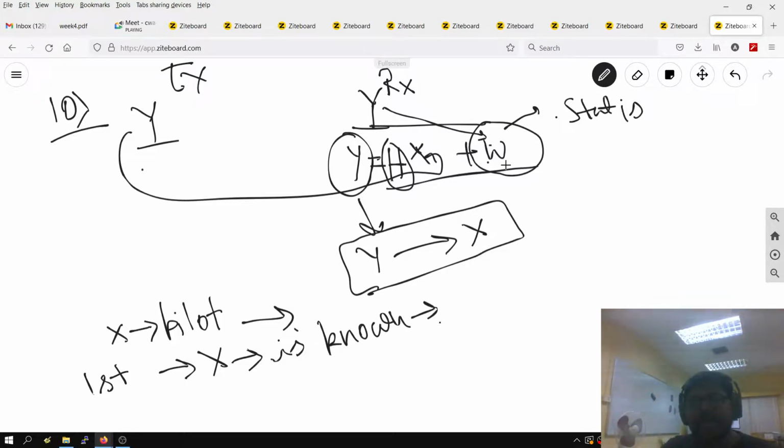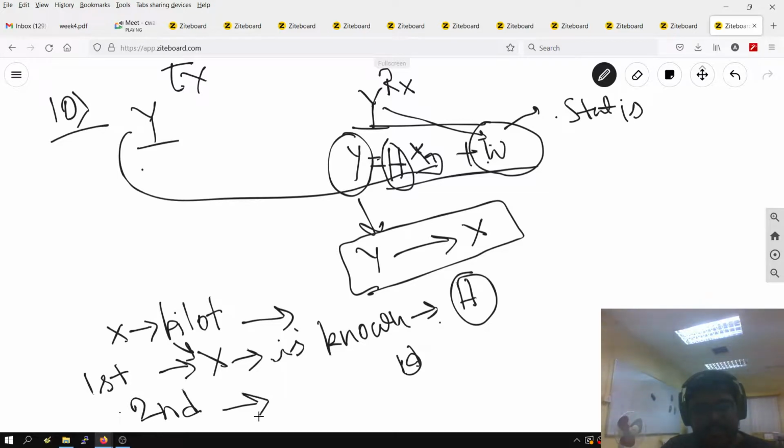We can never know what the actual w is. So only x is known here right now. So what can we solve? What are the h values? This is the first step. With x equal to the pilot, we know what x is.